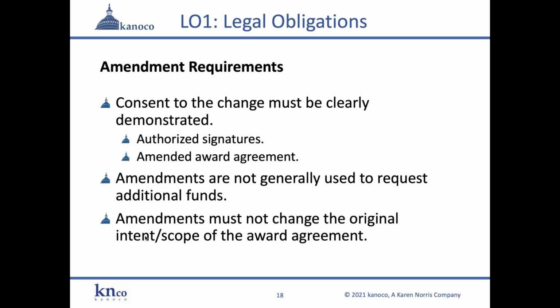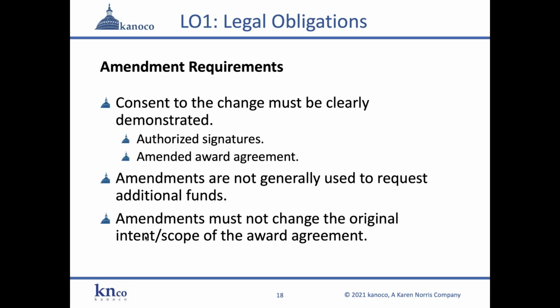That's very important. Often, once an awarding agency agrees to the amendment, people stop there and say, okay, I'm done. But unless they actually take it a step further and amend the award agreement, you can be dinged in an audit.